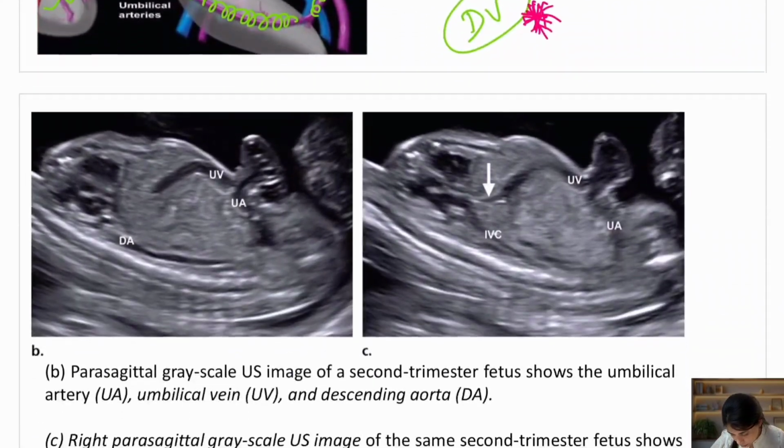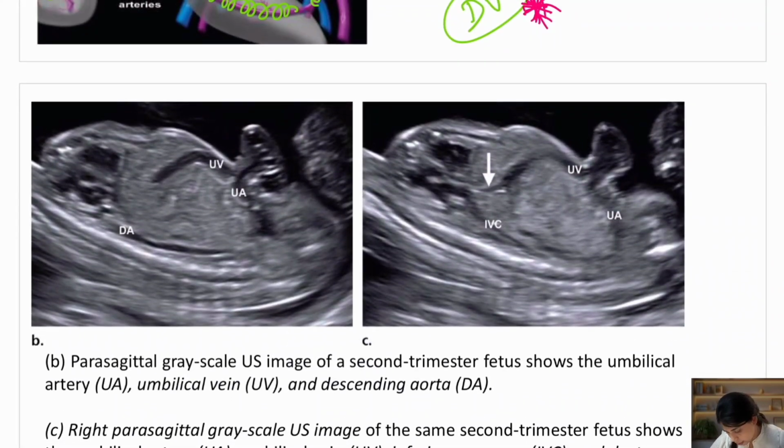Here you can see this is the umbilical artery, this is the umbilical vein, this is the IVC, the arrow here is the ductus venosus, and this is the descending aorta. In part 2 of this video, I will show you how to localize the ductus venosus while doing the Doppler.